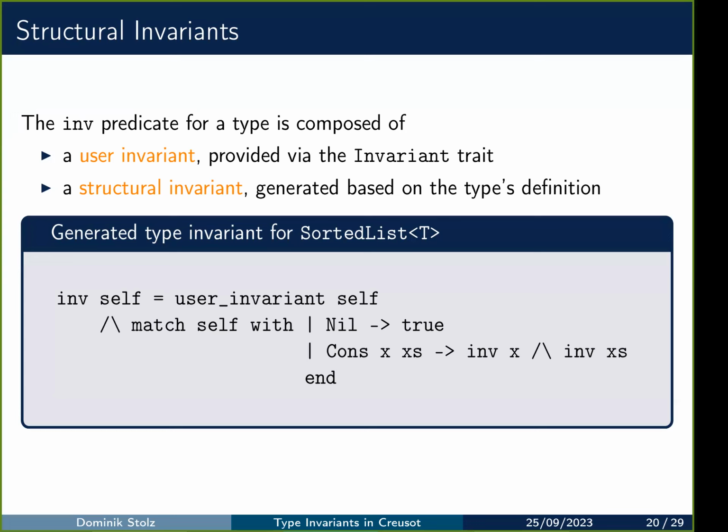Maybe that's how you would do it. In general, here it works because sorted is something that works when you recurse. The tail of a sorted list is also sorted. But there could be type invariants that don't recurse, in the sense that when you have the type invariant on the whole list, it doesn't hold anymore on the tail.